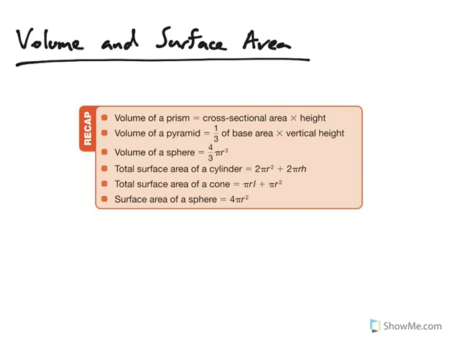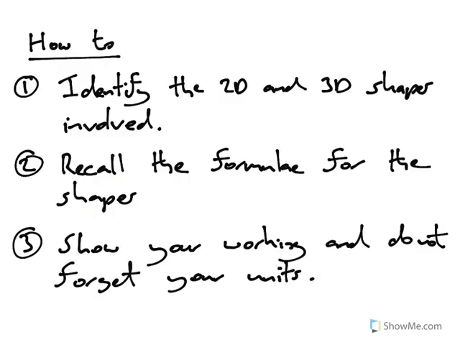Okay, so let's have a look at how we're going to go about things today. You'll be given a series of questions, and it will be compound shapes, 3D shapes that is, and you might be asked about the surface area or you might be asked about the volume.